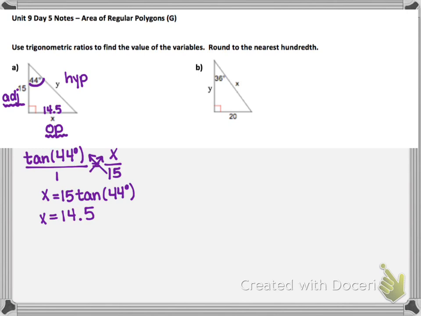All right, now let's go ahead and find y. So y is my hypotenuse. The only one I have a nice other pretty number for is my adjacent. So I'll use adjacent and hypotenuse. That's going to be cosine. So I have cosine of 44, and I'll put that over 1 equals adjacent over hypotenuse, or 15 over y.